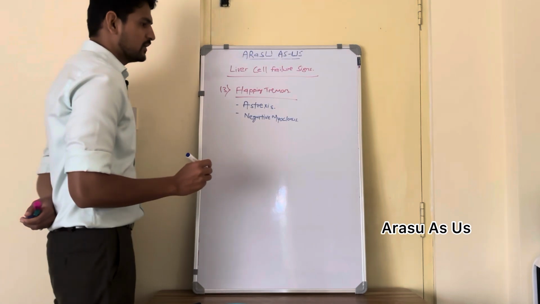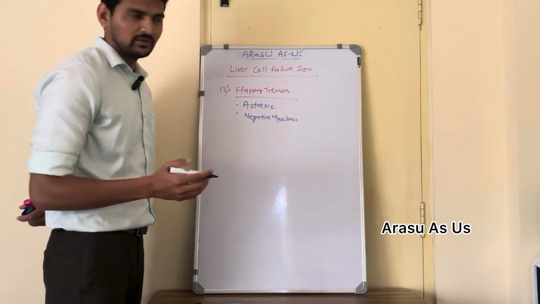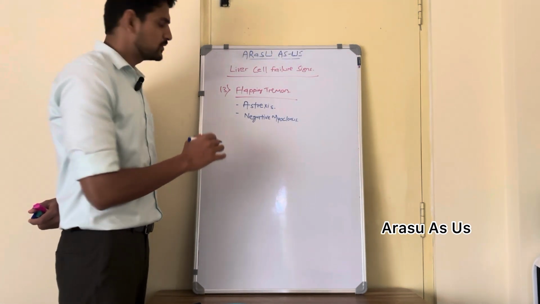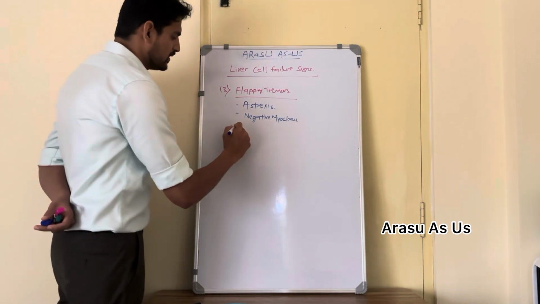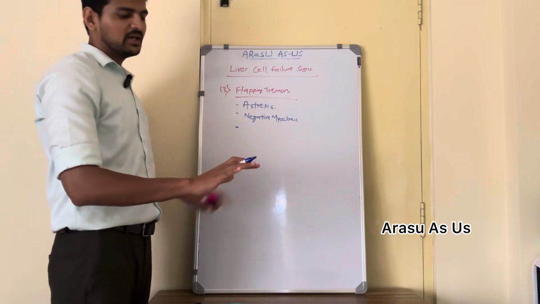When there is liver injury, the liver, which detoxifies many toxins, is injured, so toxins will accumulate in our body. These toxins will interfere with the relay of sensations from the joints.